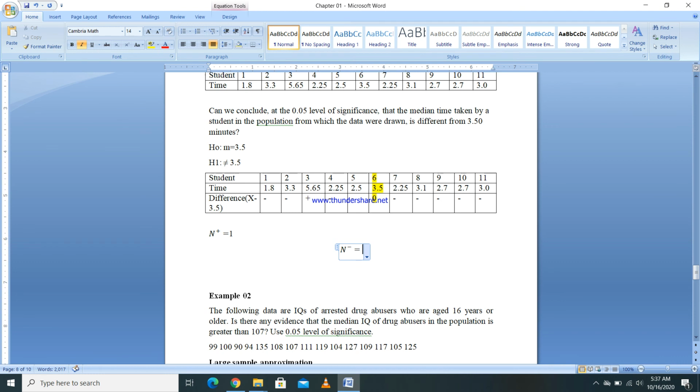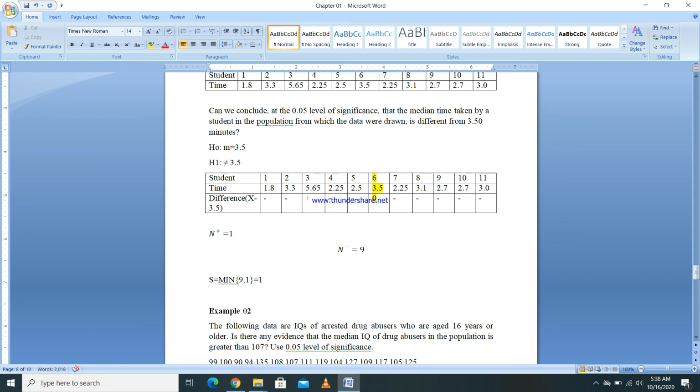So n minus would be 9. So when it comes to the test statistic capital S, that is equal to the minimum value of 9 and 1. So that is equal to 1. So now we know our test statistic.